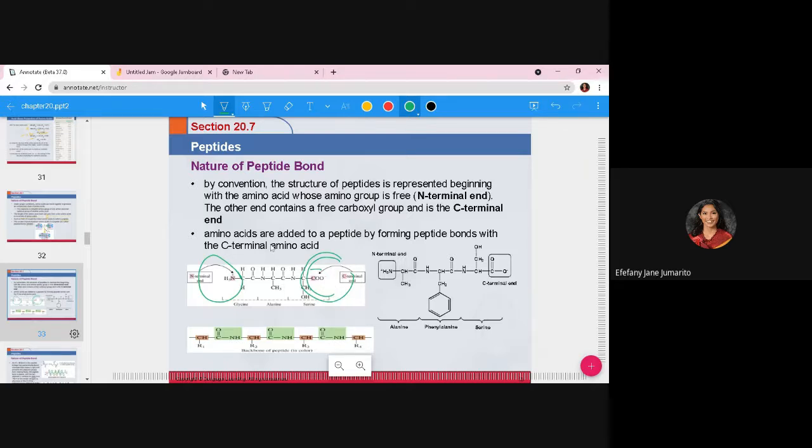Amino acids are added to a peptide by forming peptide bonds with the C-terminal acids. So here we have a free NH3 plus, and then the free COO minus.